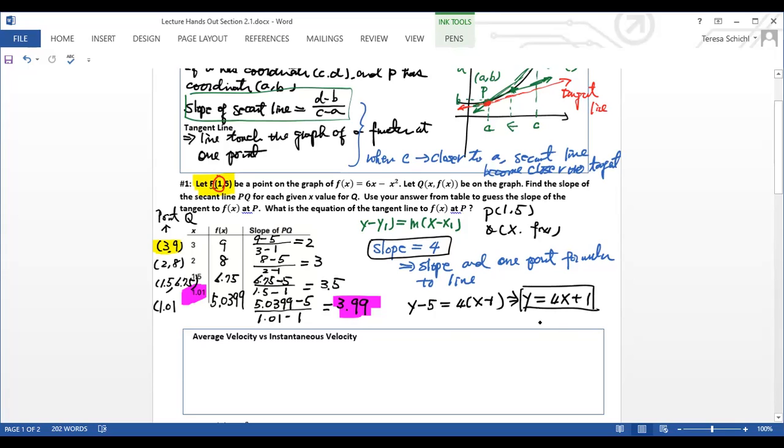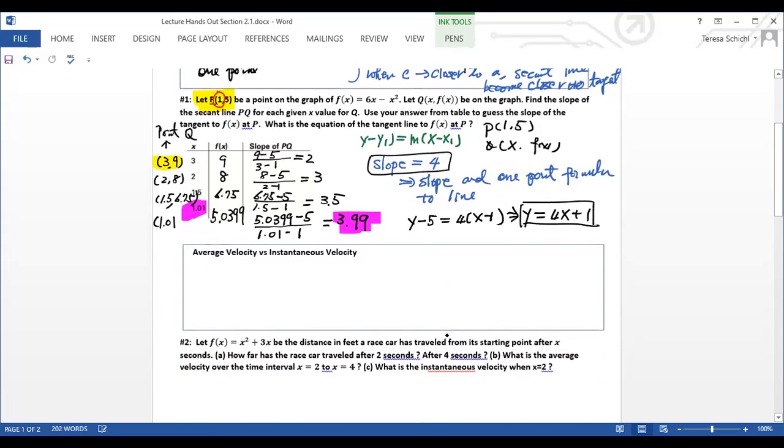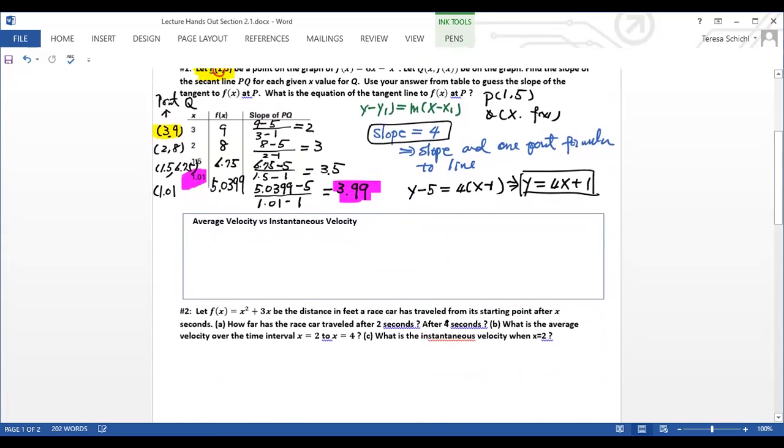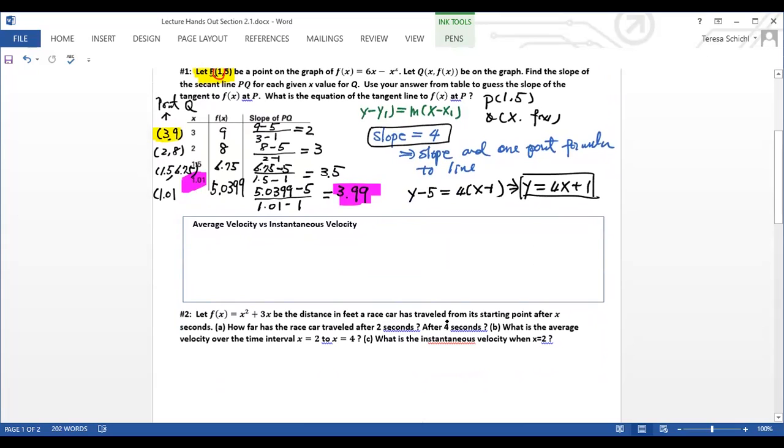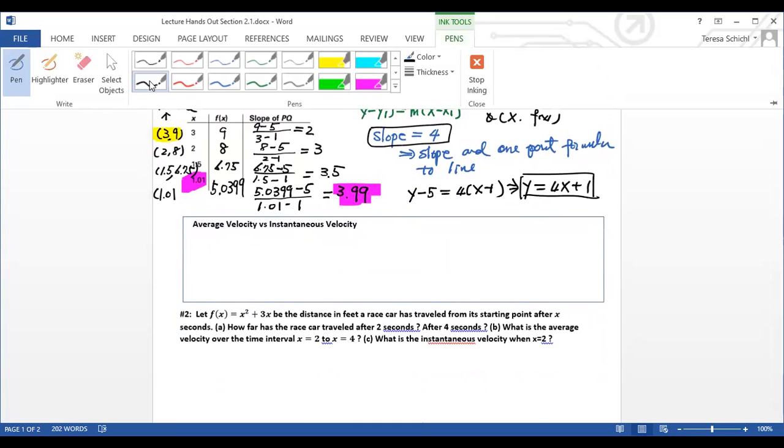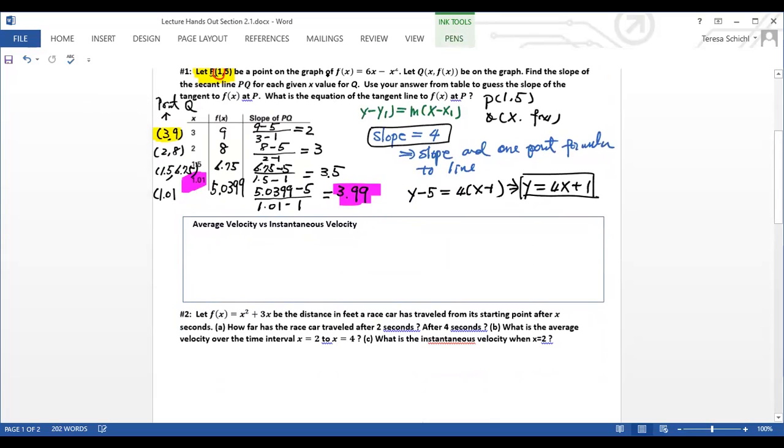Okay, and now let's see how we use these ones here. So let's take a look at what we call the average velocity and the instantaneous velocity. This is just an application of what we just learned here, right?